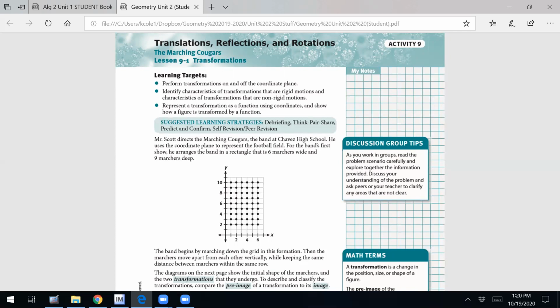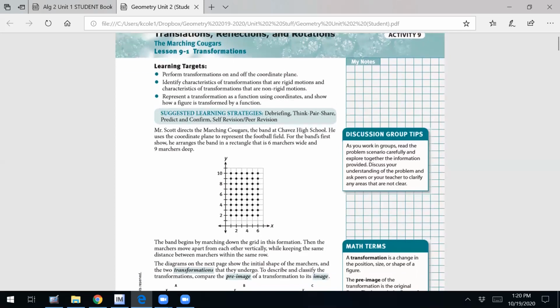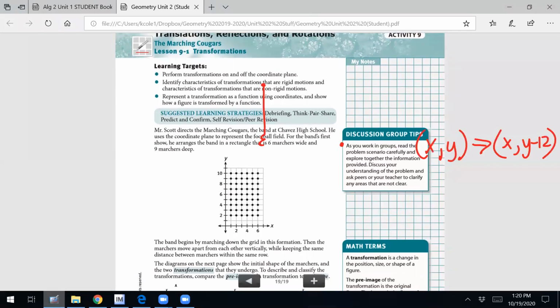So here is what we are trying to accomplish today. First thing is we are going to perform transformations on and off a coordinate plane. We are also going to identify characteristics of transformations that are rigid motions and characteristics of transformations that are non-rigid motions.